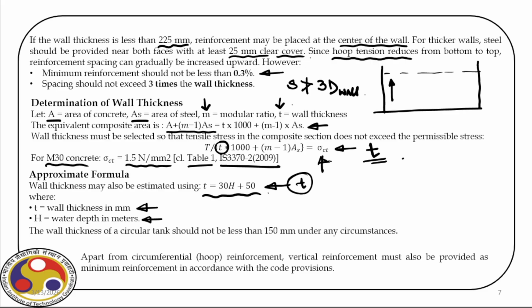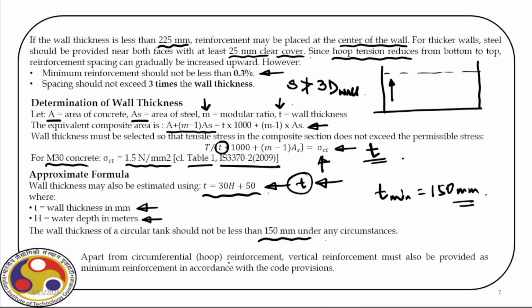Using this expression, we first get the idea of the thickness that we are going to provide for this circular tank. But in no case should it be less than 150 millimeter. So, T minimum is 150 millimeter.